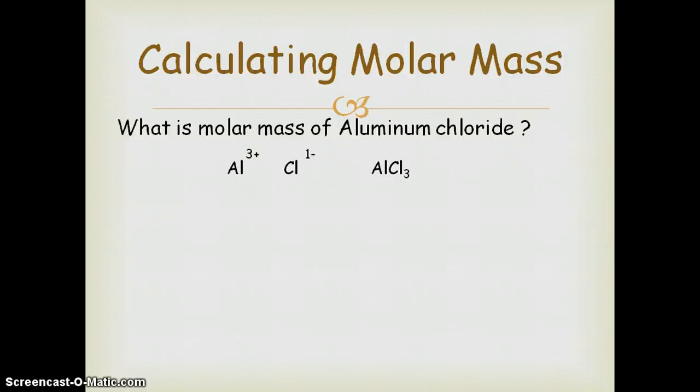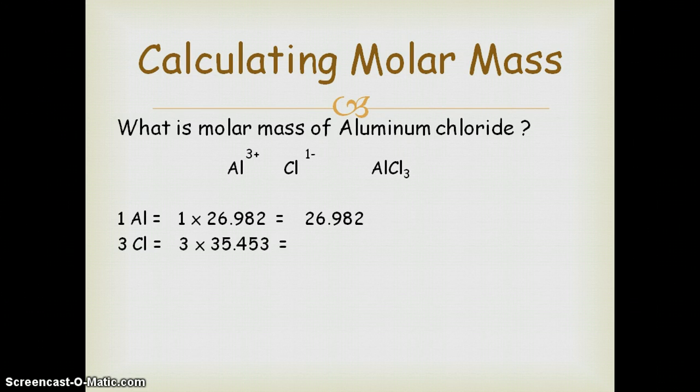So if we had a mole of aluminum chloride molecules, then we would be able to correctly predict that 1 aluminum, based on what we know from the periodic table, is 26.982 grams. And then our 3 chlorines would be 3 times the mass of a chlorine mole, which would be 35.453.